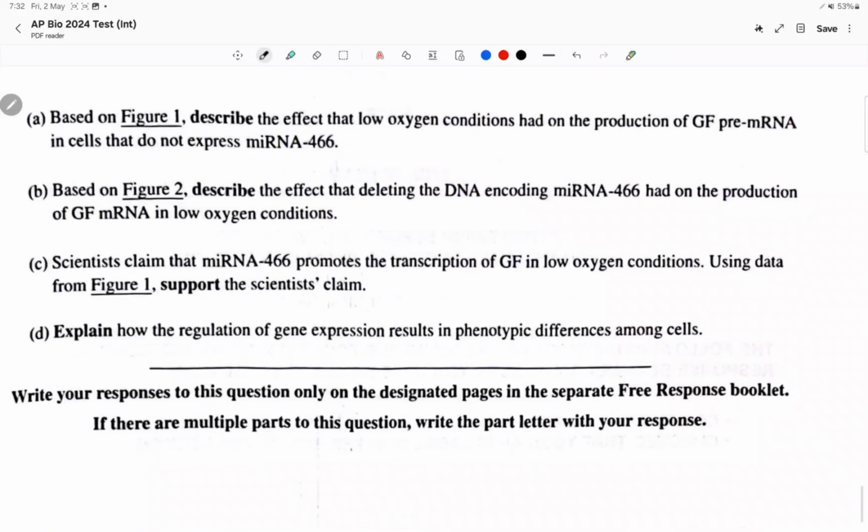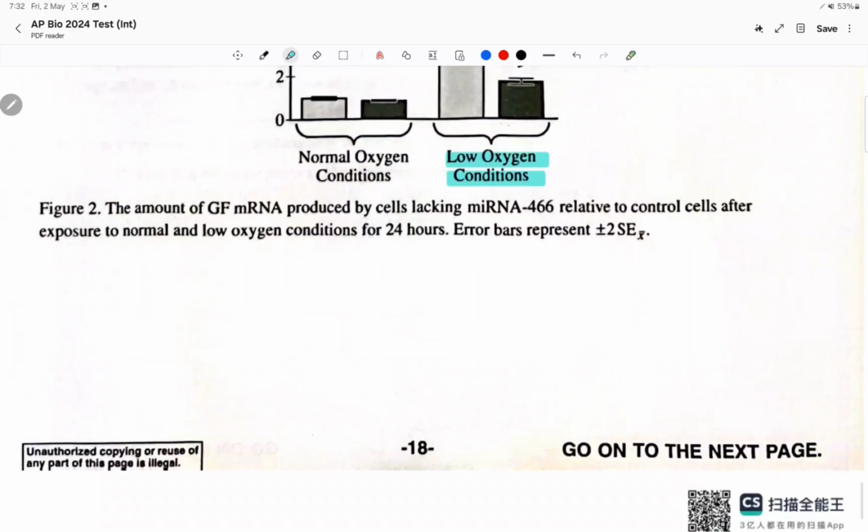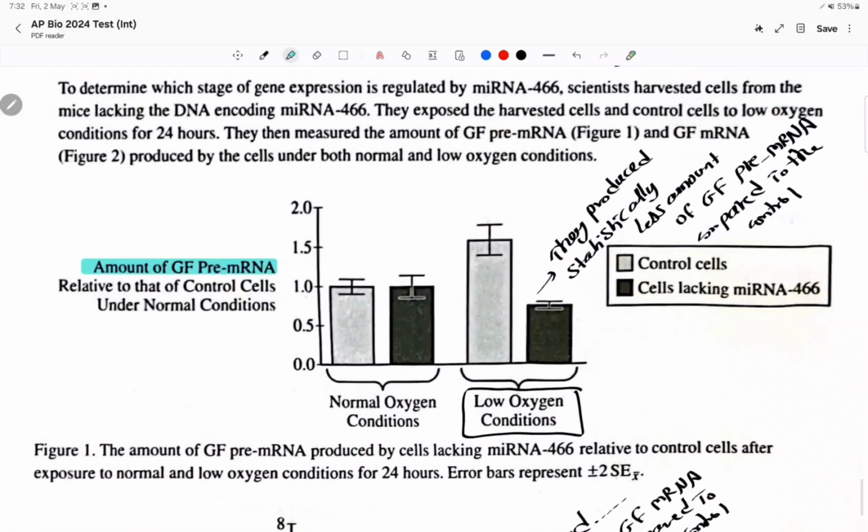Okay. C. Scientists claim that miRNA 466 promotes the transcription of GF in low oxygen conditions. Using data from figure 1, support the researchers' claim. So having miRNA 466 promotes the transcription of GF. Yes. So the control cells are the ones that have the miRNA, correct? Okay.